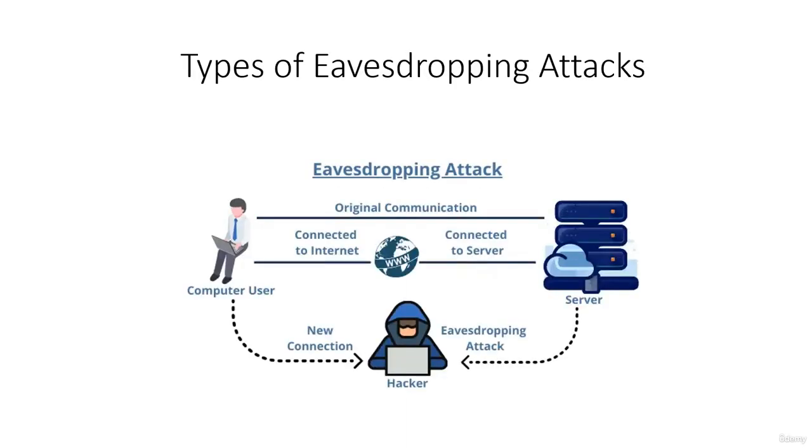Eavesdropping attacks can often be difficult to spot. Unlike other forms of cyber attack, the presence of a bug or listening device may not adversely affect the performance of a device or network. Technical eavesdropping on a traditional telephone line was known as wiretapping.